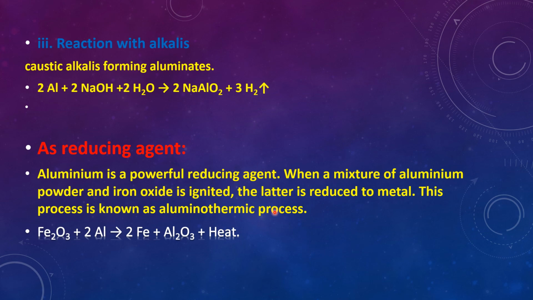We supply heat, the mixture melts, and later it is reduced to metal. Aluminium powder and metal oxide powder combined are melted at the same temperature and give the same metal. That is called the aluminothermic process.